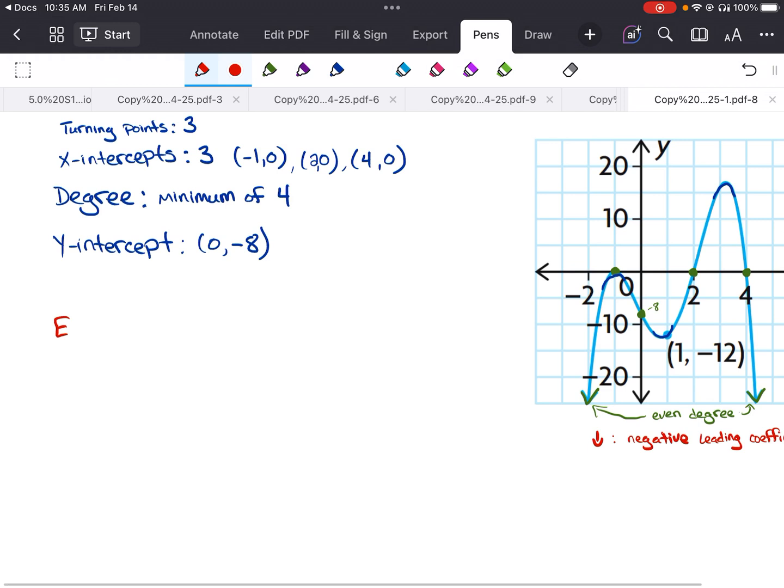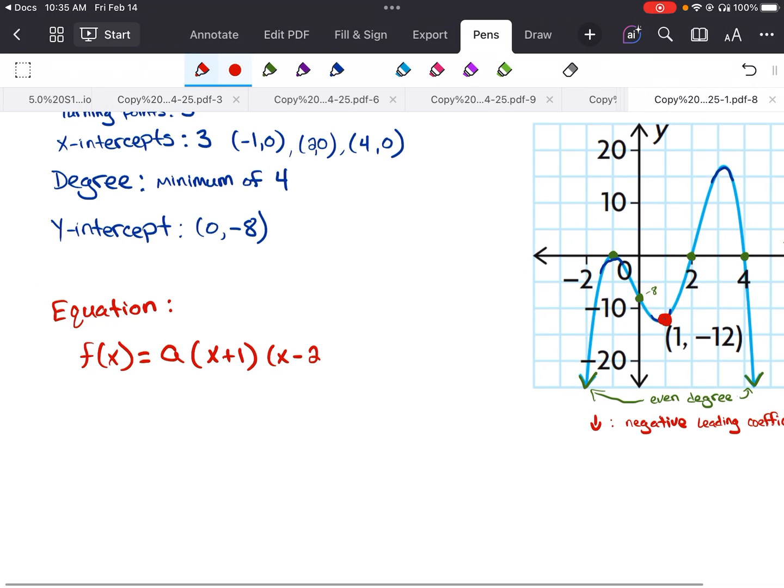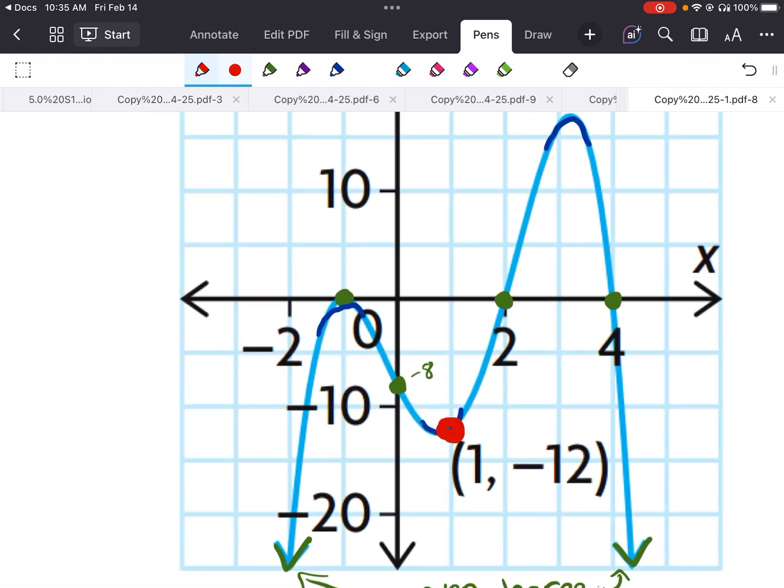All right, so let's find the equation. Using all that information, really all we need is the 3 x-intercepts and the point that it gives us of (1, -12). So the equation algebraically, just because we don't know the a value, that's why we're doing this, is f(x) equals a times (x + 1)(x - 2)(x - 4).